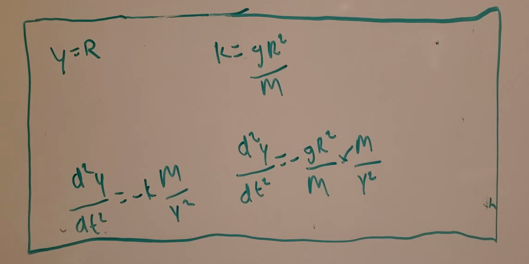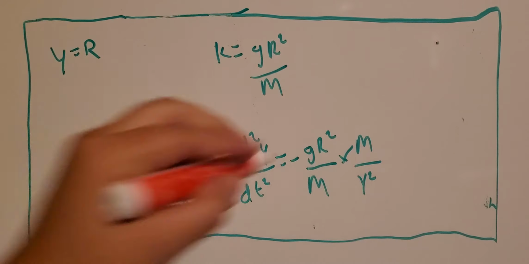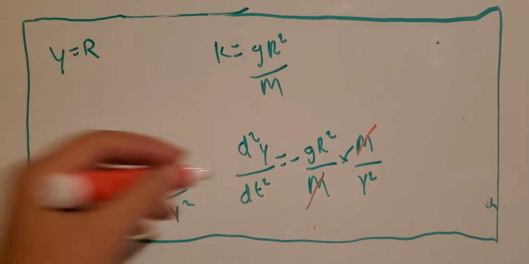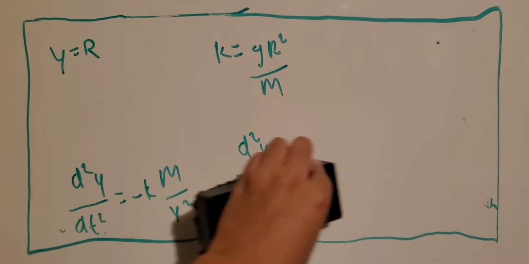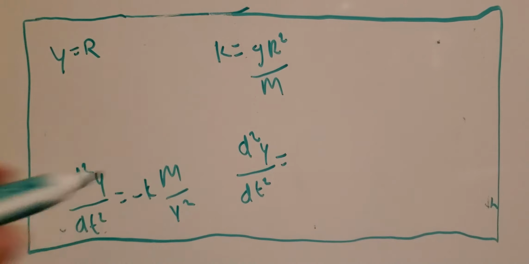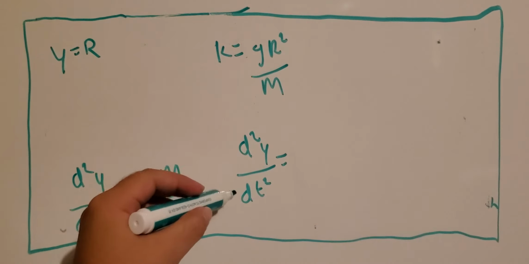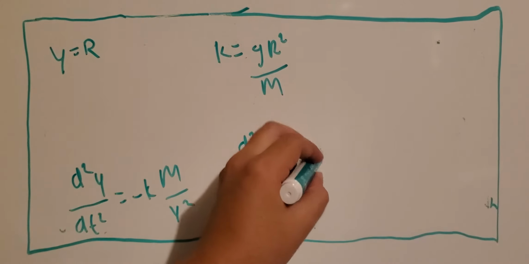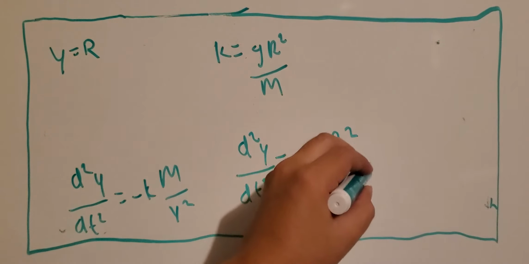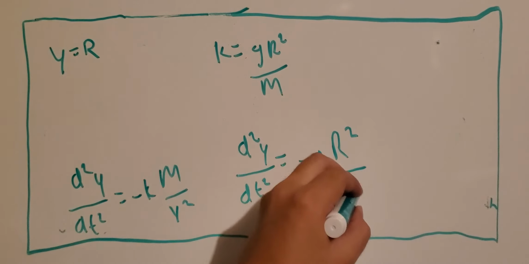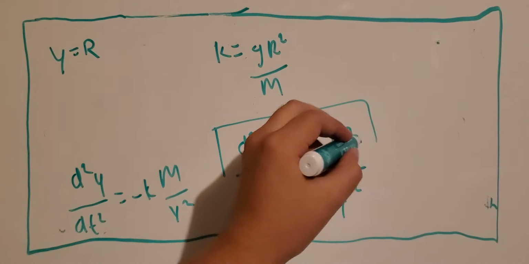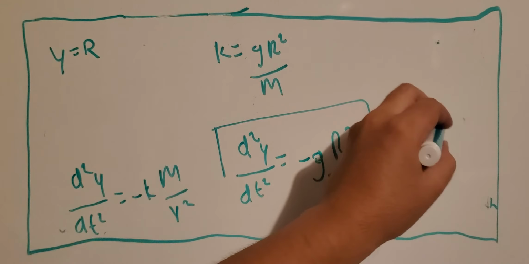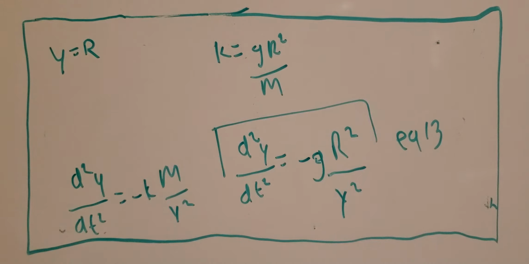So what we could do now is cancel out the M's, as so. And now what we're left with is d squared y over dt squared is negative g r squared over y squared. So this right here is equation 13.